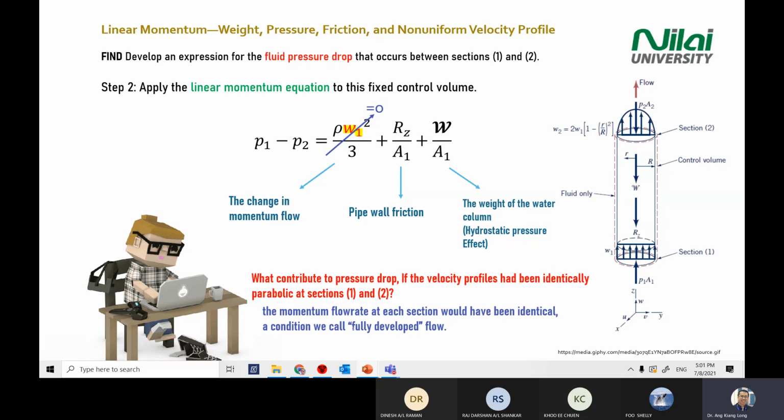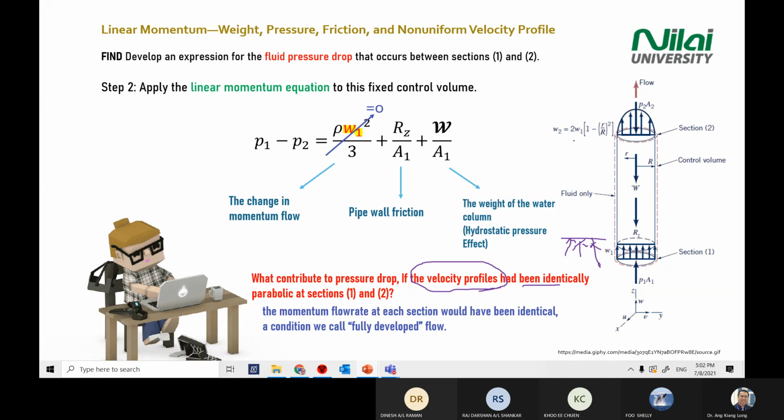If your flow rate is the same and the velocity profile is the same, identical, whether your inlet is uniform flow, for example, and case number 2 is also uniform flow, you can cancel the first one because momentum flow is the same.